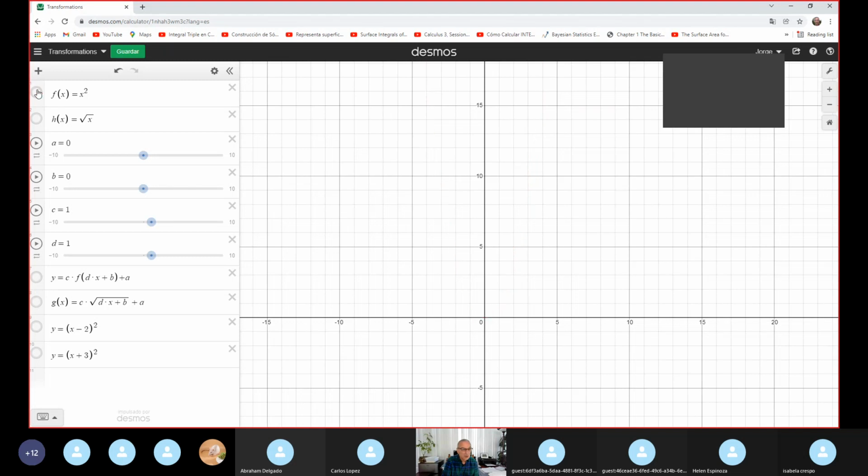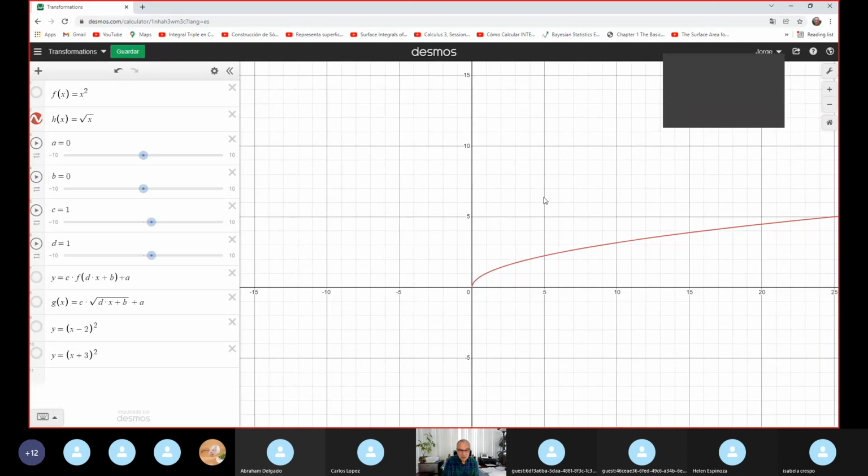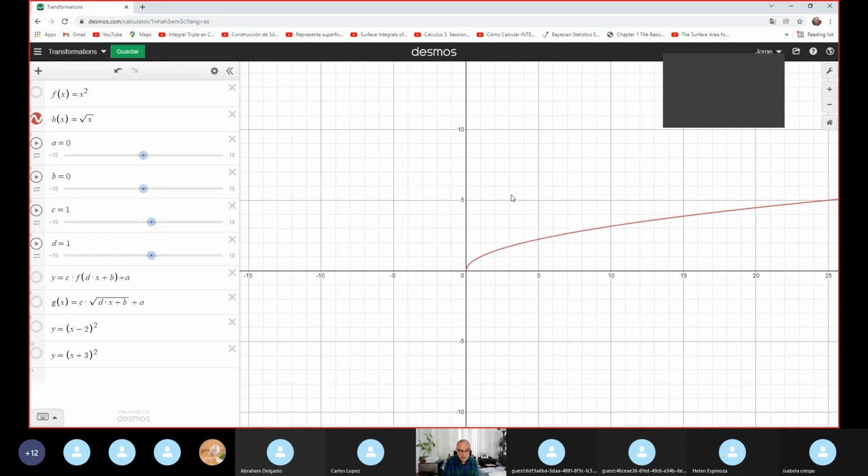Let's move on to the square root function, because in the square root function it is clearer to see the effect, in my opinion. Now the new one after the transformation is this. There is perfect coincidence between the red color and the green color because there is no transformation. So let's move on to D.